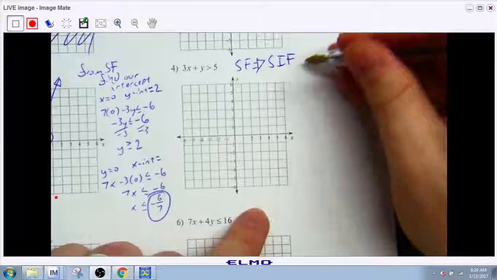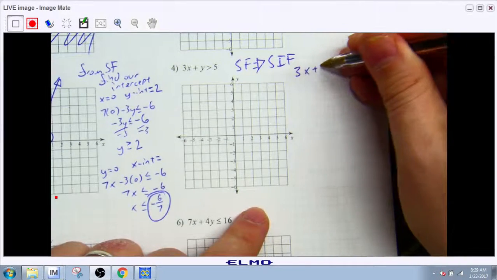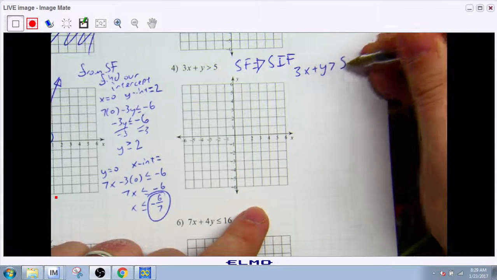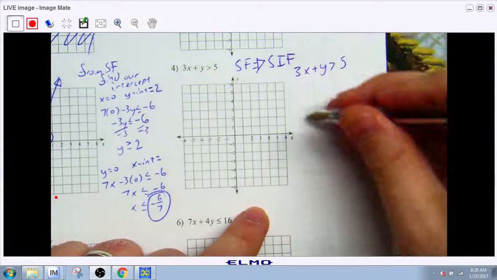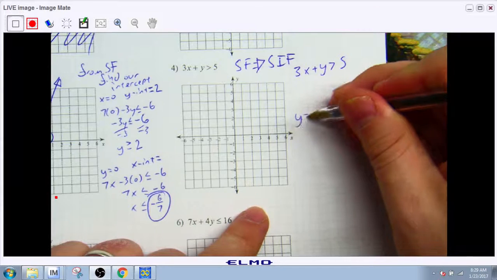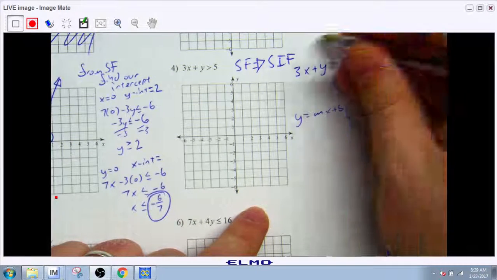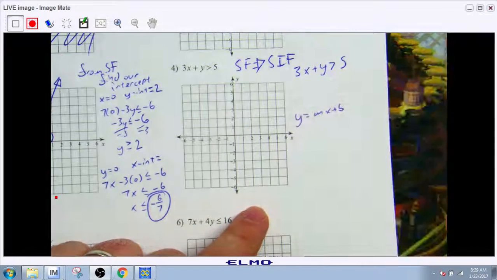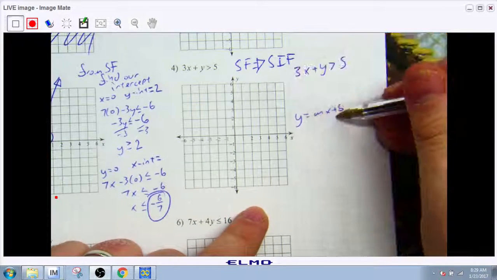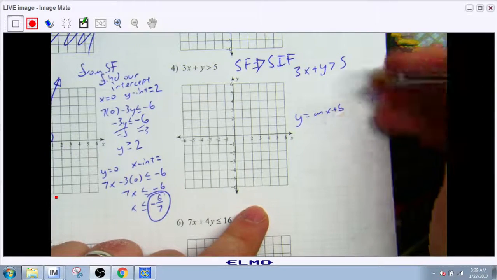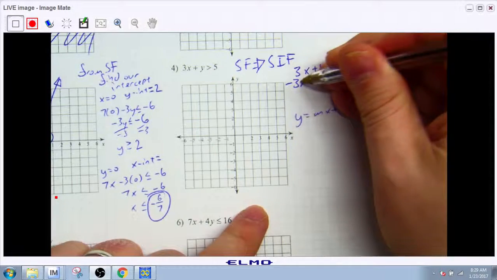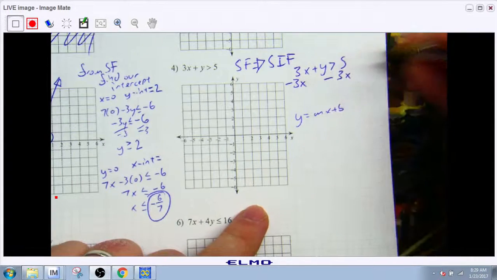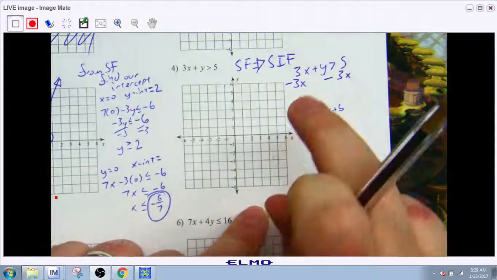So when I do that, I have 3x plus y is greater than 5. And so I want this to look like, by the time I'm done, y equals mx plus b. To do that, I have my x term on the left side of the equation, and I want that on the right side. So I have to move it by subtracting 3x from both sides of the equation. You have to balance your equations.